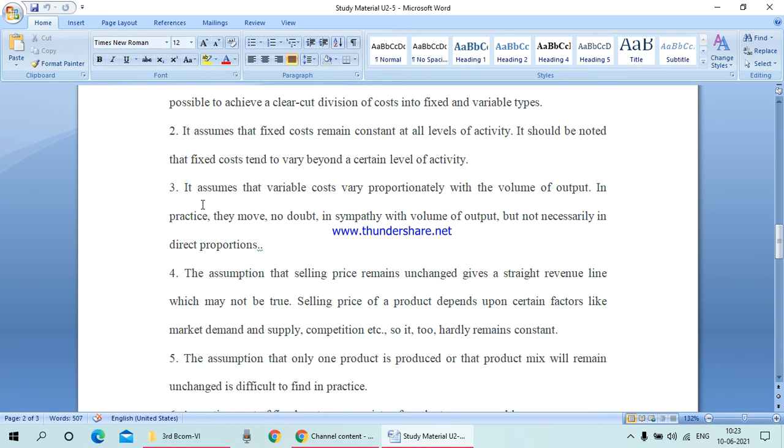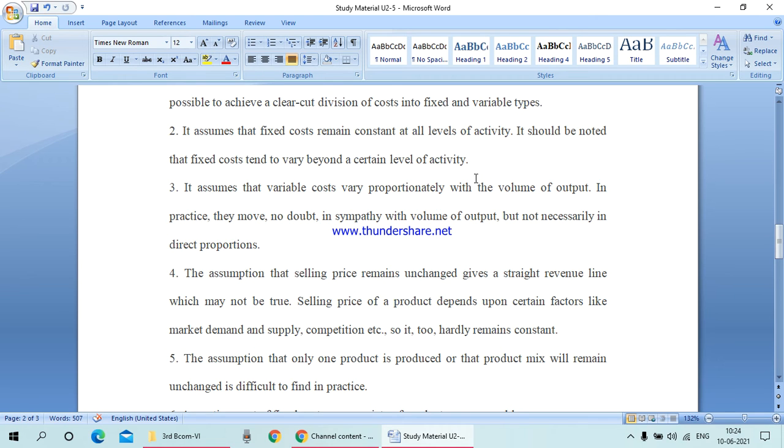Third, it assumes that variable costs vary proportionately with the volume of output. In practice, they move, no doubt, in sympathy with the volume of output, but not necessarily in direct proportions.